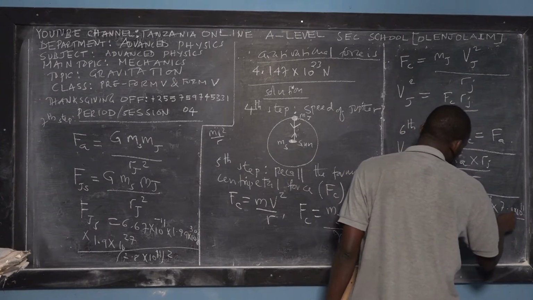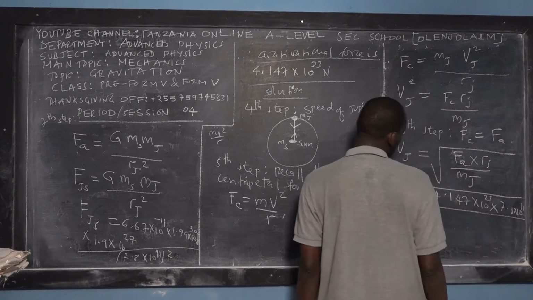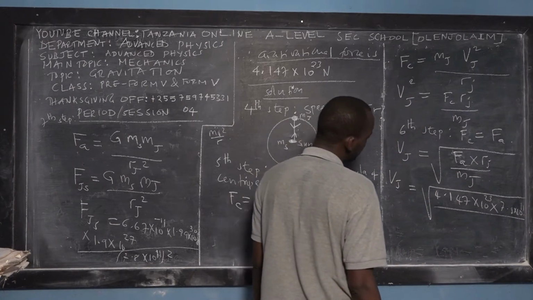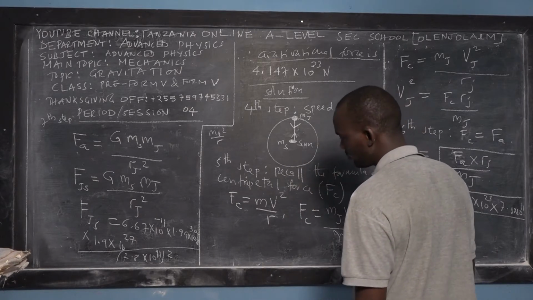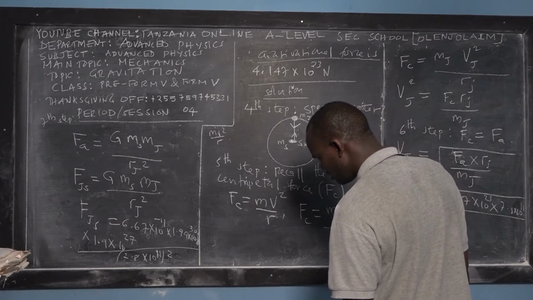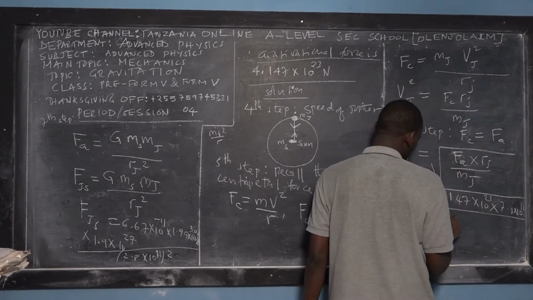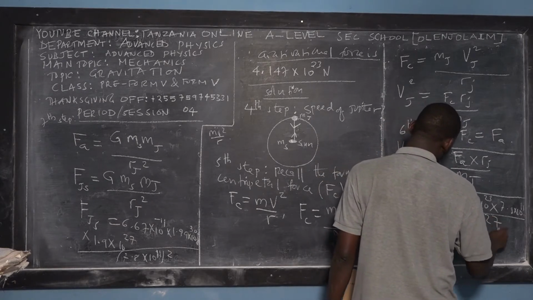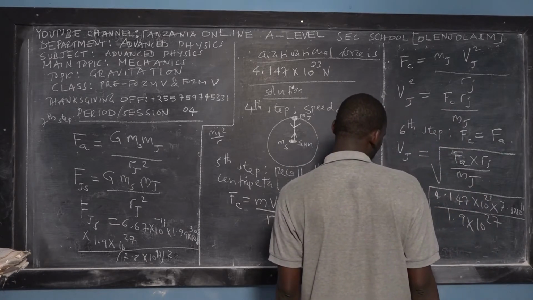divided by what? Mass of Jupiter. Mass of Jupiter is equal to 1.9 times 10 to the power 27.